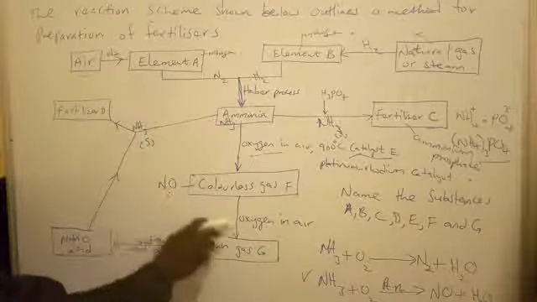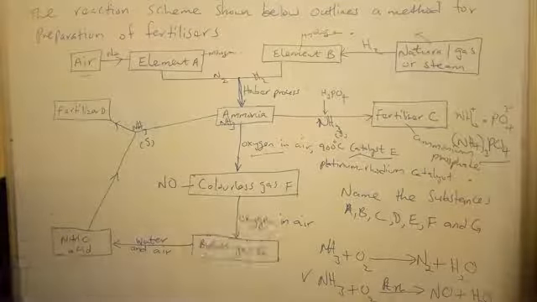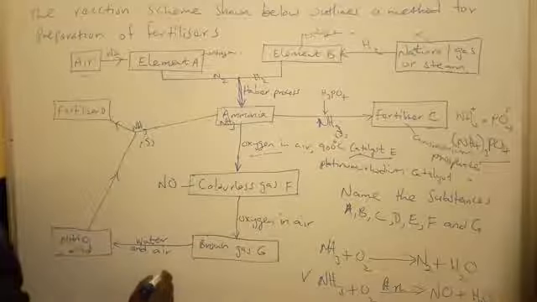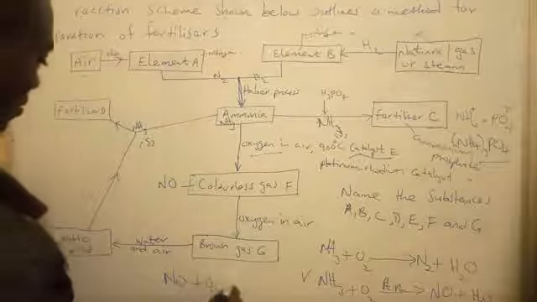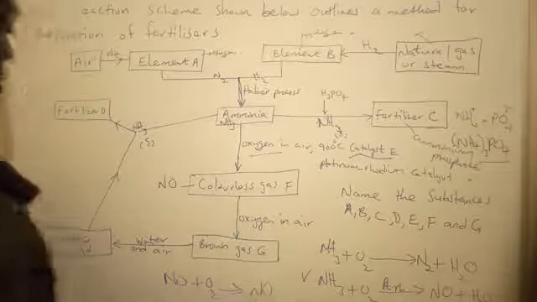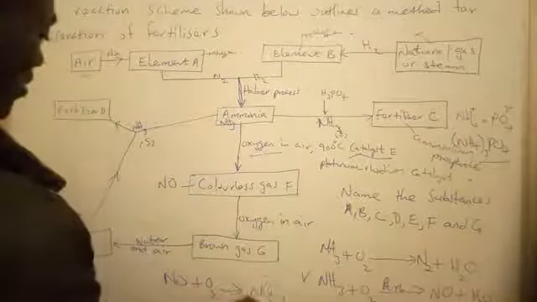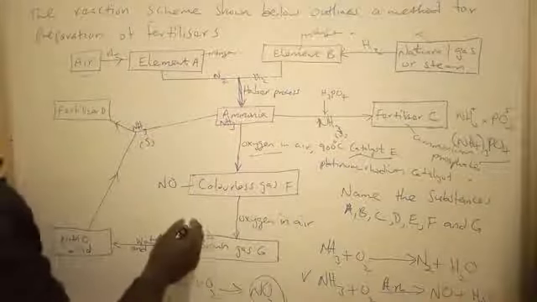Now we have NO again being exposed to air, that is oxygen, NO plus oxygen, we end up forming nitrogen 4 oxide gas. This is the brown gas, this NO2.